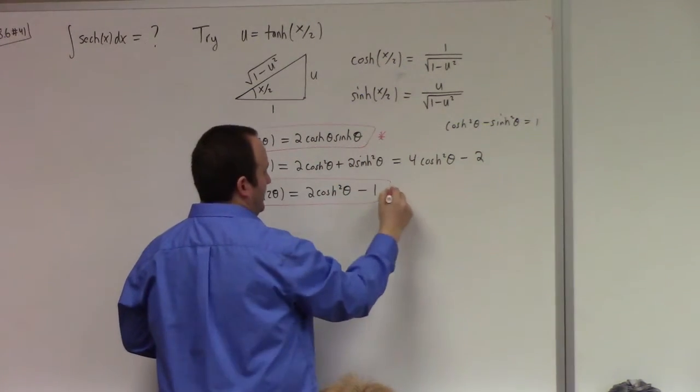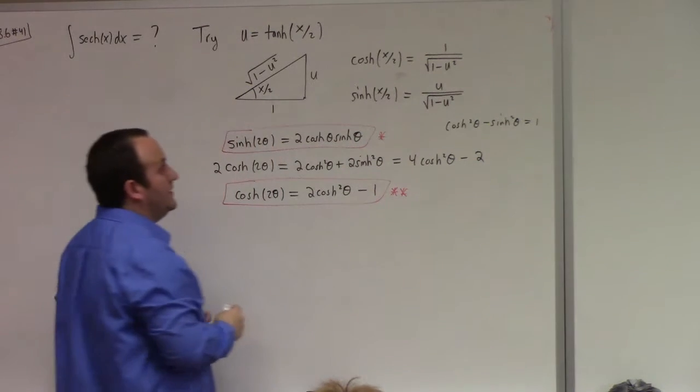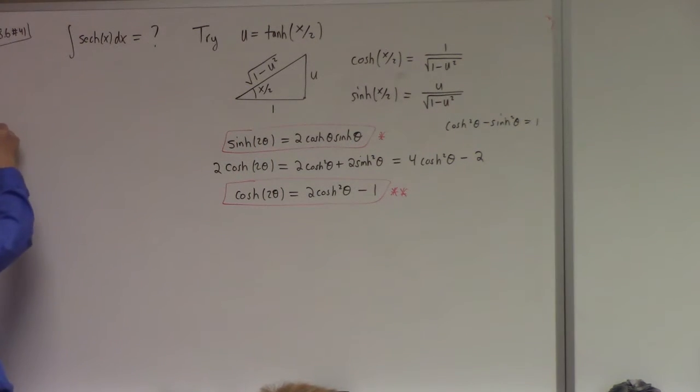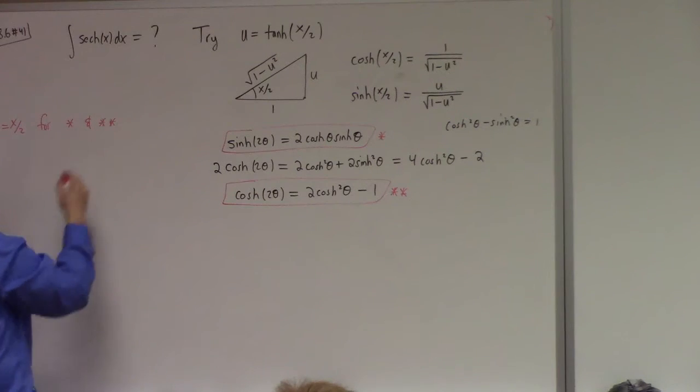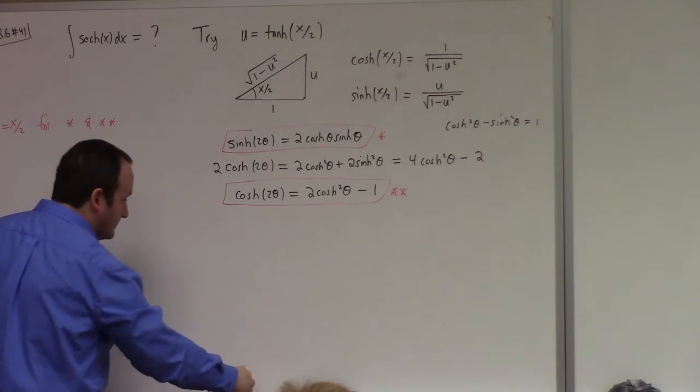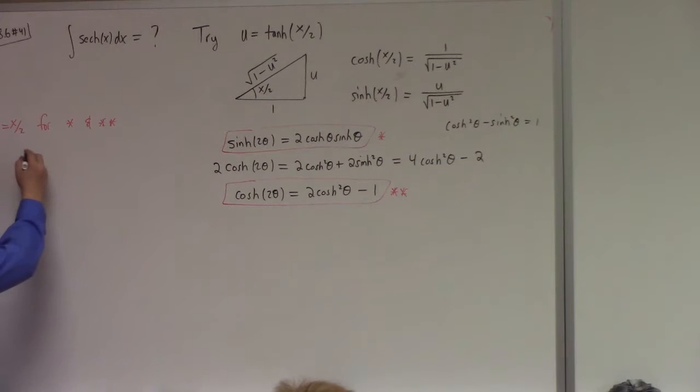So you take star and star star, and you put theta equal to x over 2. What do we get? We get sinh x is what?